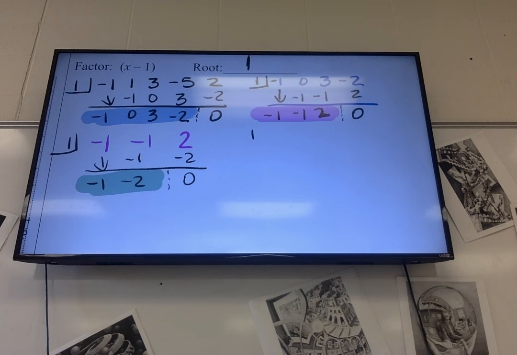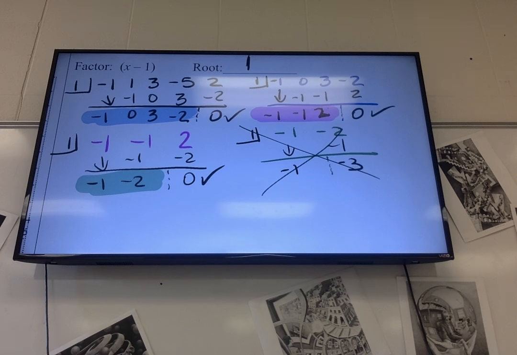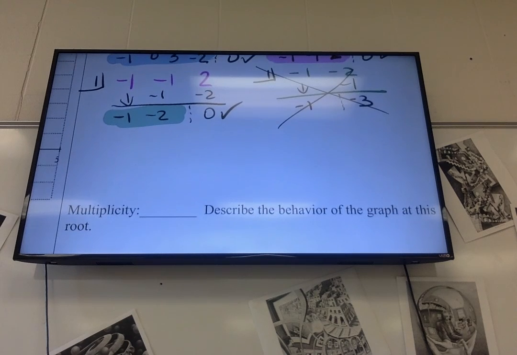I'm going to divide 1 into negative 1 and negative 2. Bring the negative 1 straight down. 1 times negative 1 is negative 1. That's negative 3. So that one doesn't work. But it did go in evenly 3 times.